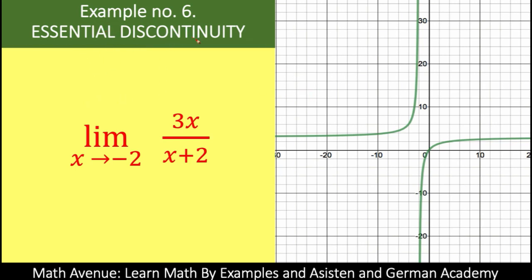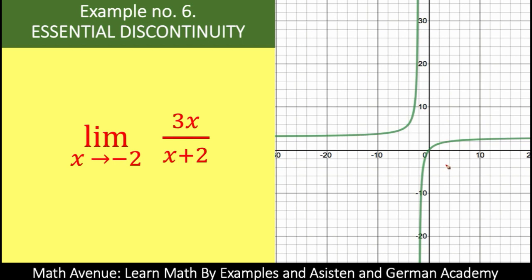An essential discontinuity is a discontinuity that cannot be repaired by just plugging in a single point. For example, in this function, you cannot repair the discontinuity by just using a single point because you have this wide open discontinuity. Now, what is the limit of this function?